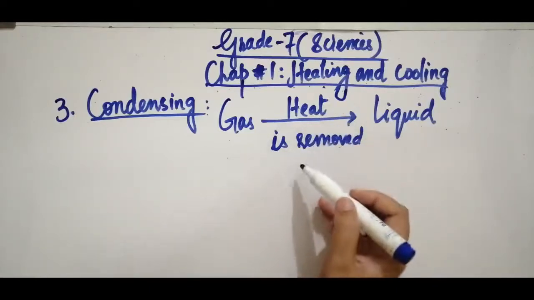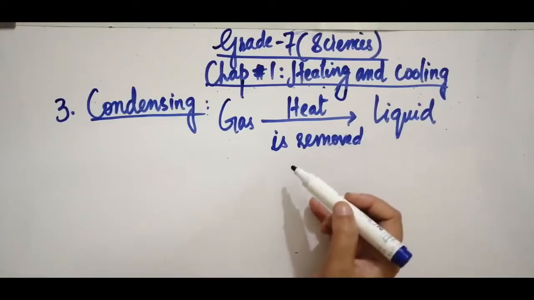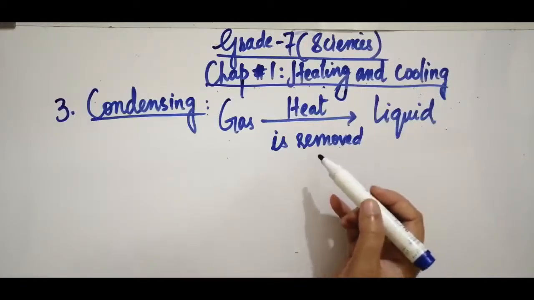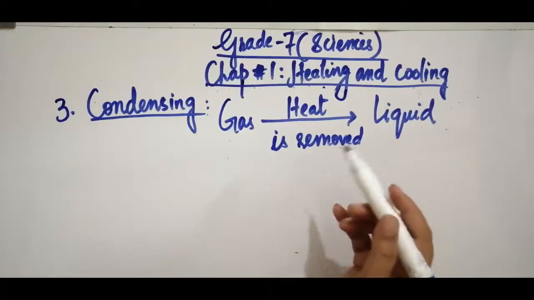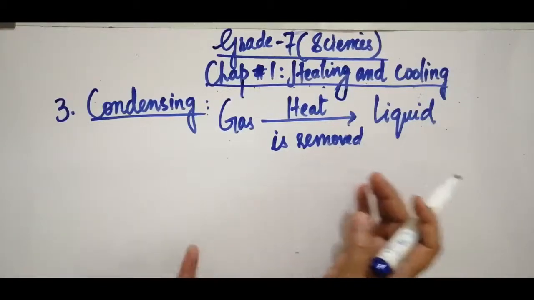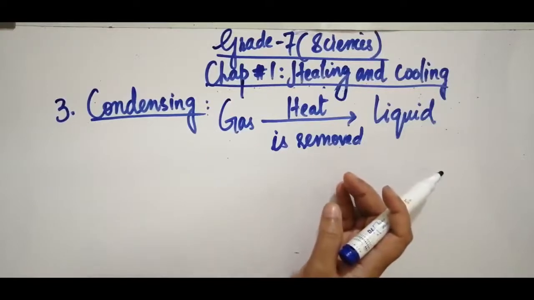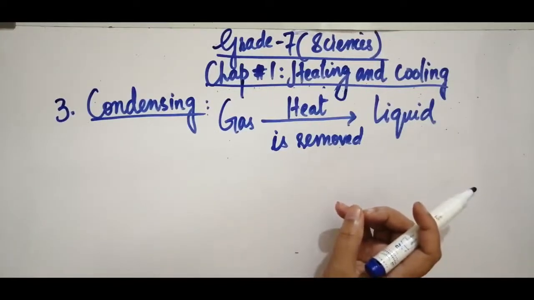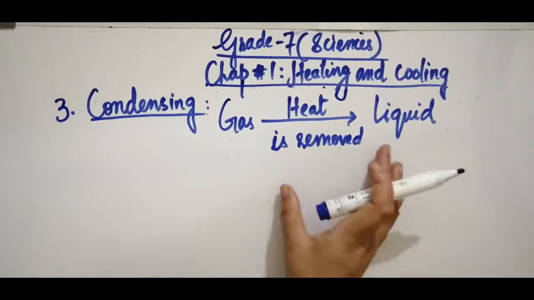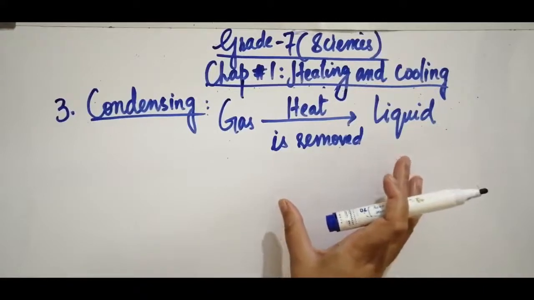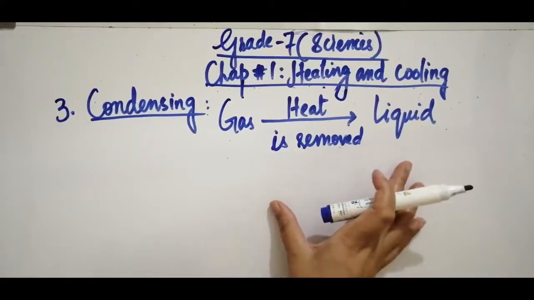But if the heat is removed, they move slowly. They are not continuously moving. And again, there is a reason that their molecules are compacting with each other. They are coming closer to each other. So they have little empty space among them. Therefore, we can say that the molecules are mostly affected by heat energy.